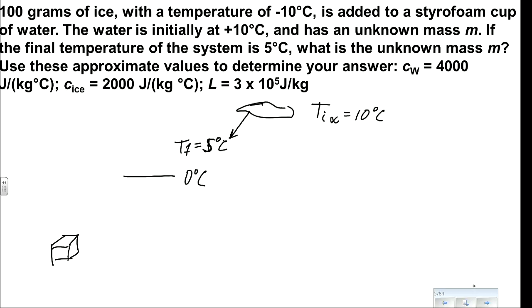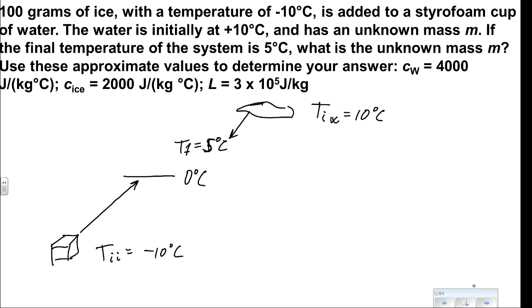What is happening to ice? Right now, it starts melting. The initial temperature of ice equals negative 10 degrees Celsius. Of course, it can't start melting until it reaches melting temperature.